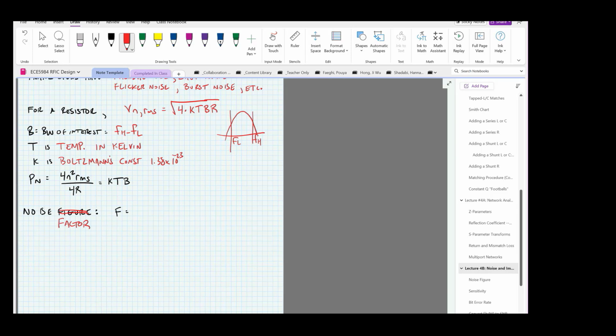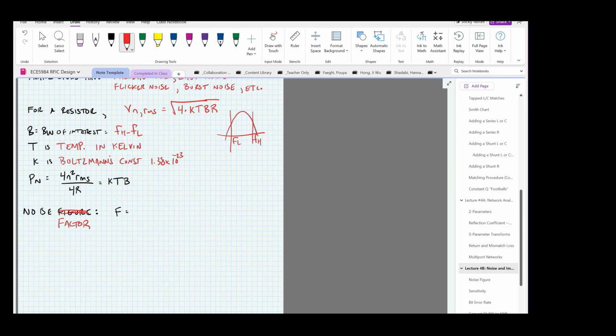So in analog circuits, we often do things in terms of input referred noise. So we'll take all the noise in the circuit, we'll refer it back to the input. In RF circuits, we oftentimes just want to know what the degradation is in the signal to noise ratio from the input to the output. And noise factor is a way of measuring that.